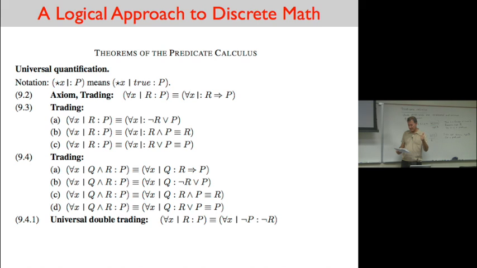One is 3.57, the other one is 3.59, and the other one is 3.60. So R and P equals R, that's 3.60, and R or P equals P comes from 3.57. Yeah? So those are easy. It's just a one-step proof. What about 9.4?